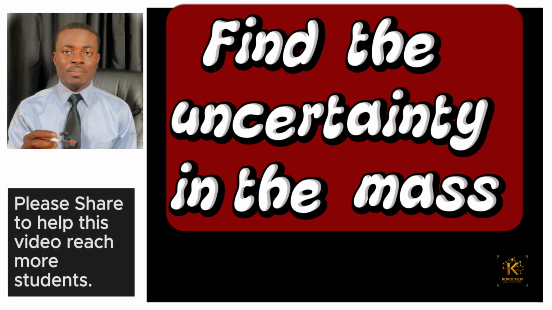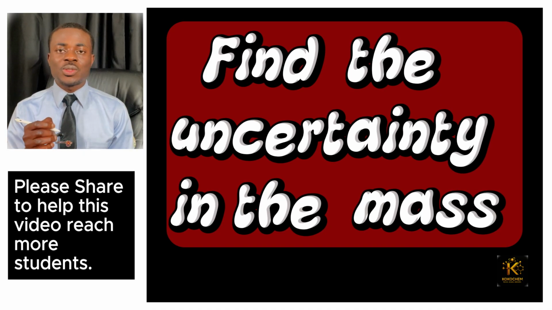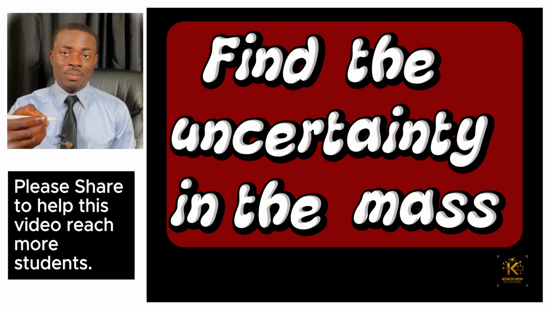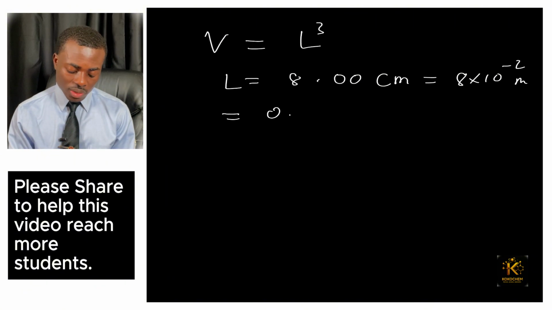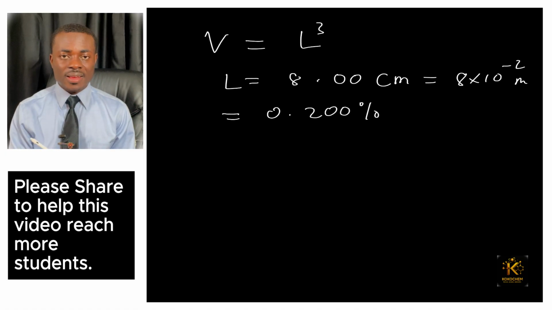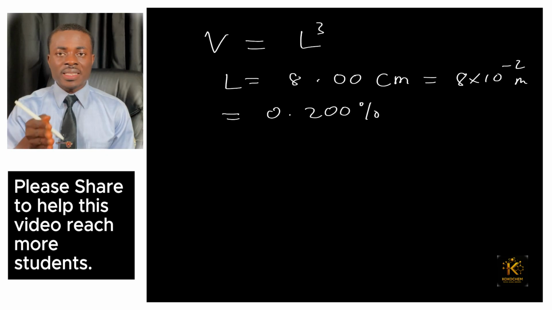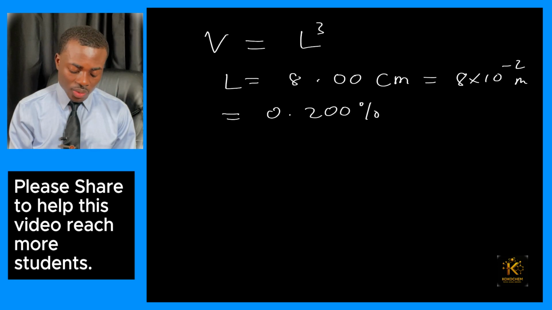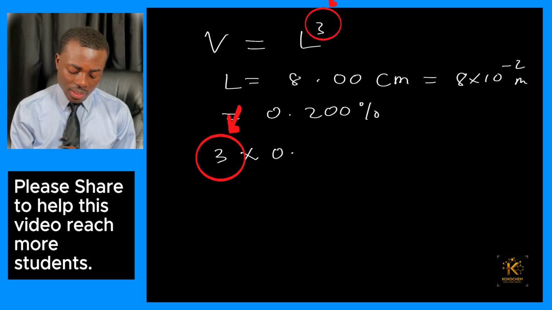Okay, so now back to the question. The question is asking you to find the tiny errors when you are calculating the mass. In the preamble, they gave us that the uncertainty in the measurement was 0.200%. So if you take 3 measurements and you make the same tiny error in those 3 measurements, that means you have 3 times the tiny error, which is the uncertainty.